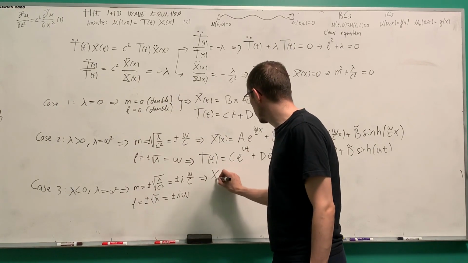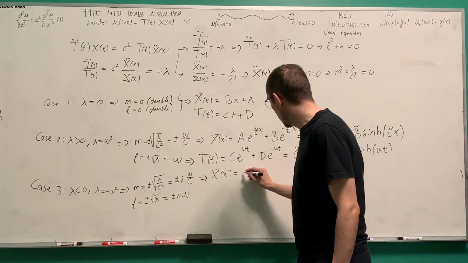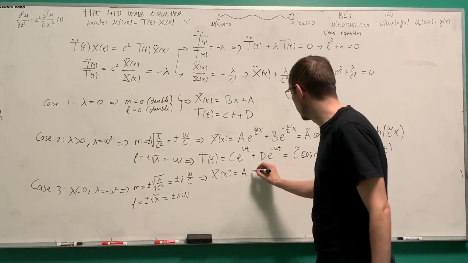So we get that X of x is equal to A, the oscillatory functions, right?